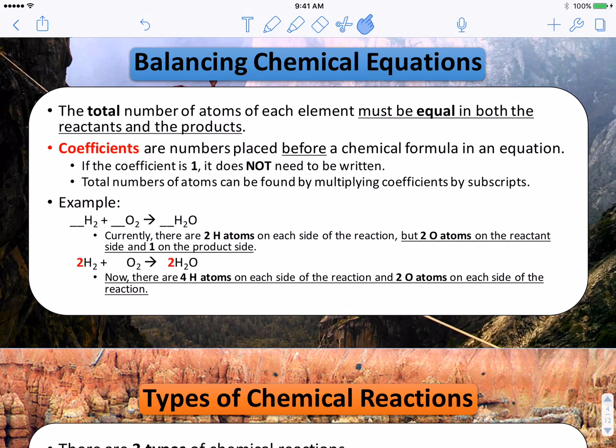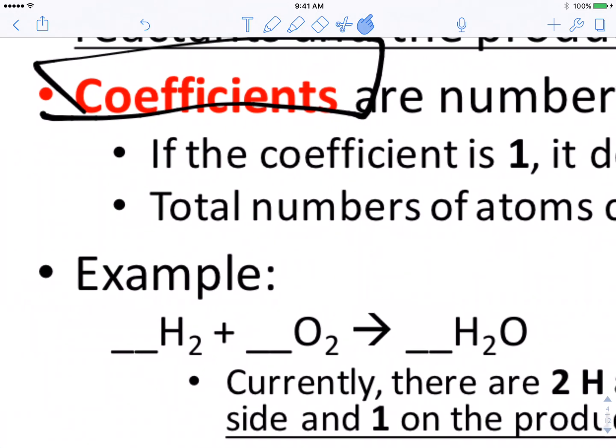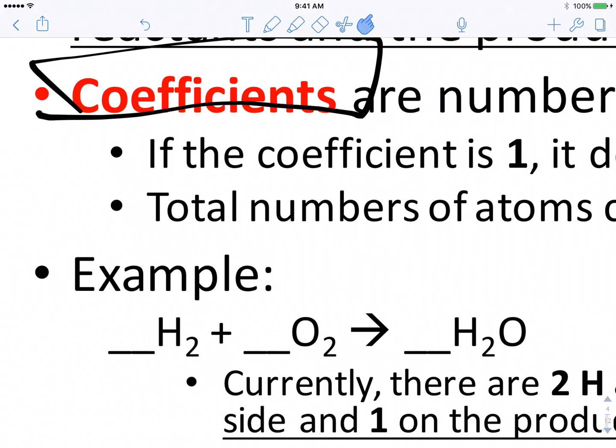What we need to do is make sure we have the same number of atoms on the reactant side versus the product side. So we do this by adding something called a coefficient. A coefficient is different from a little subscript because these are big numbers placed before a chemical formula in an equation. Now, in this case, what we're looking at is H2 plus O2 yields H2O.